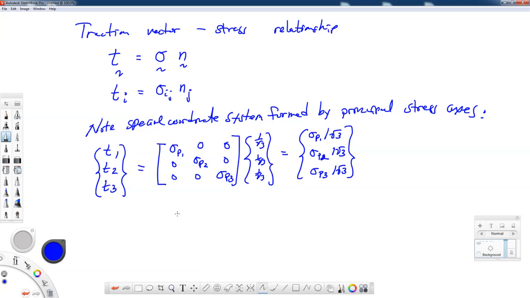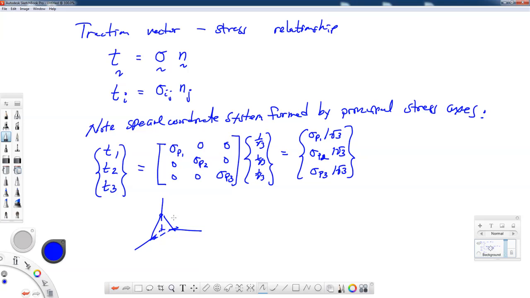Okay, so what we've done is, for our particular plane, taken our stress state and resolved it. We've determined the traction vector that's acting on this plane.